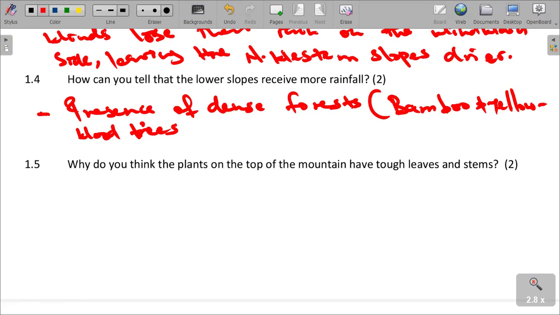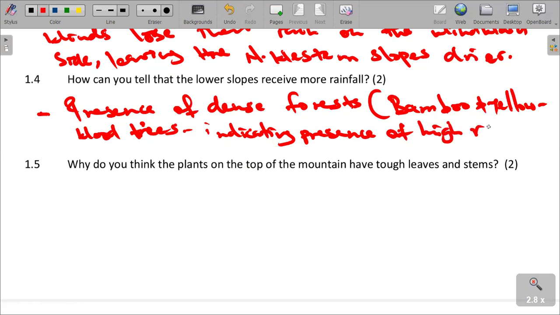It is given in the context that this indicates the presence of high rainfall. Dense forest, the bamboo and yellowwood trees, indicate the presence of high rainfall.